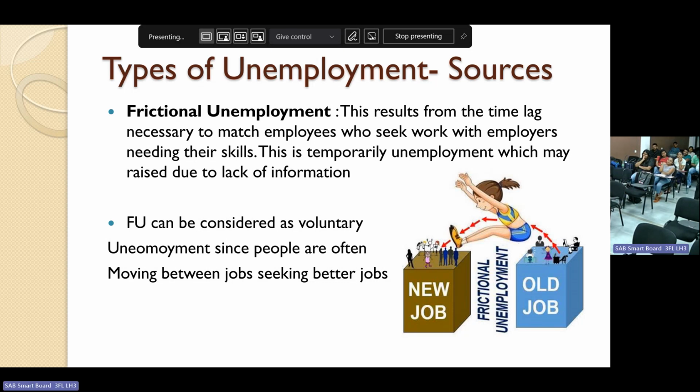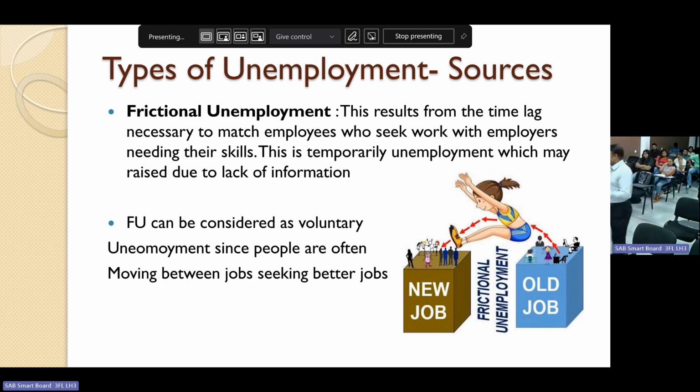Sometimes, especially during the pregnancy period, they move away from the labor force and again come back. So frictional unemployment is temporary, a kind of voluntary unemployment situation.